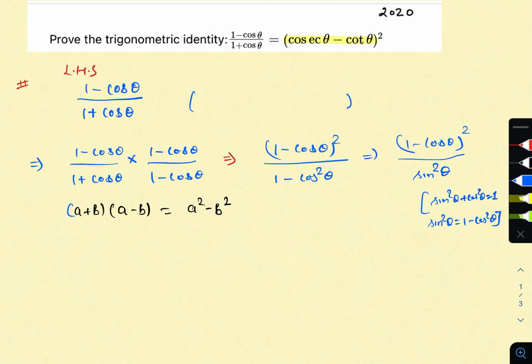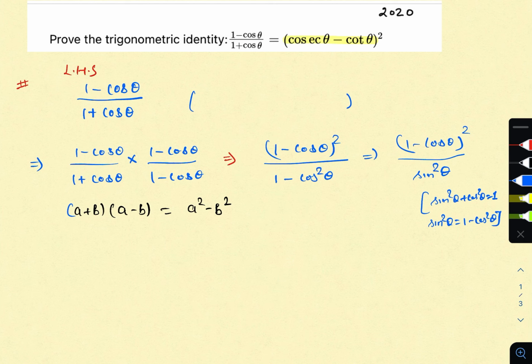Whenever we write the logic or the concept behind the step, it will make an extra additional impression on the examiner who will be examining your answer sheet.